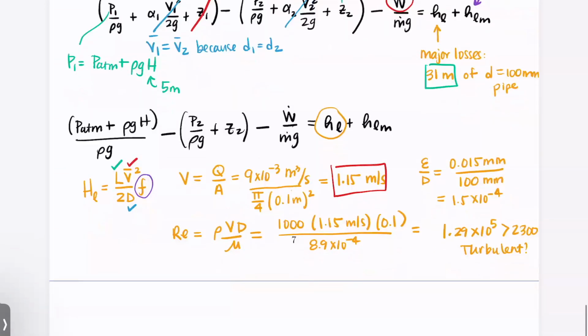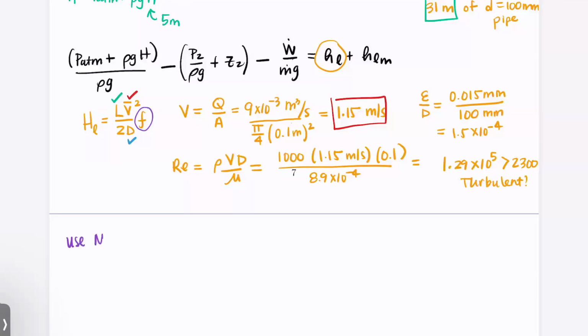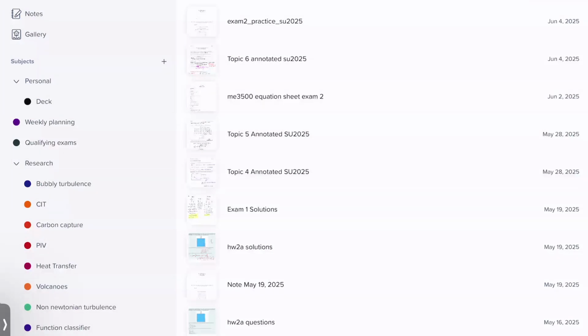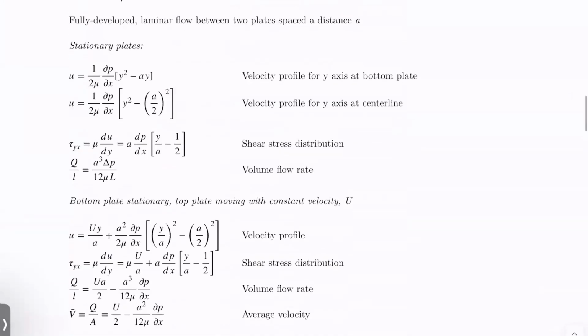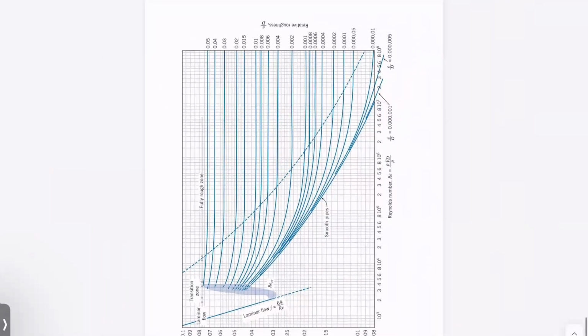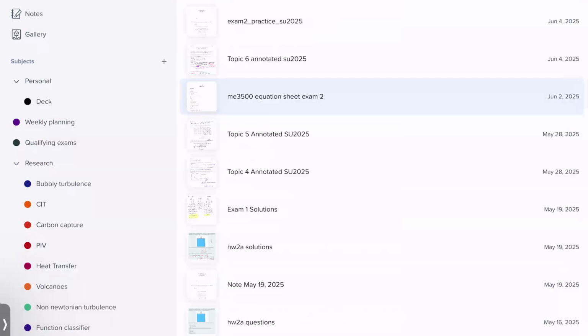So we're going to use the Moody chart. You get a giant Moody chart for the equation sheet.